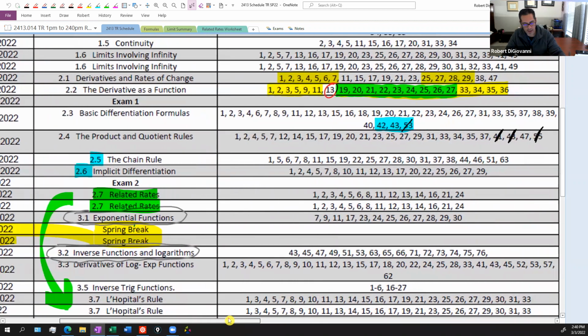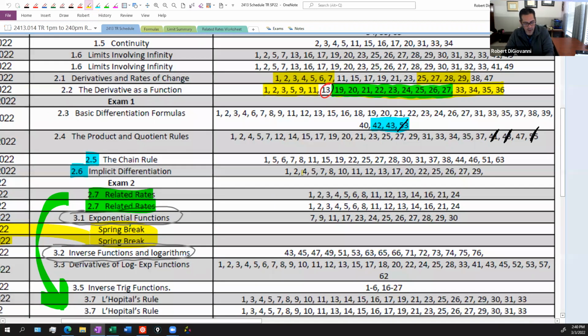For today, I just want you to look at those: 4, 5, 7, 8, 10, 11, 12, 13. And then I did number 20 in class today, so instead of 20, I want you to do 19. And the others that I'm going to highlight in blue, just not yet. Okay. Not yet.